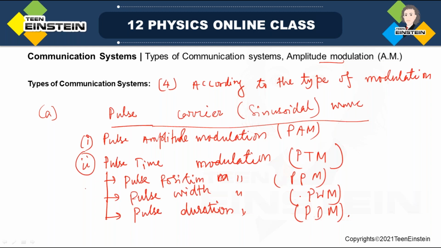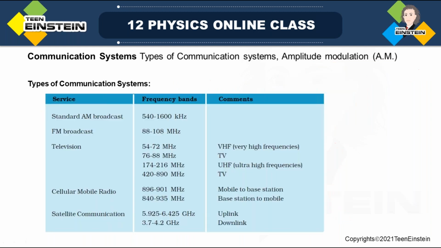And actually, different types of communication systems will give you different bandwidth. Like standard AM or amplitude modulated broadcast will give you this much frequency band. Frequency band means any signal can have a lowest frequency, f1, and a highest frequency, f2.